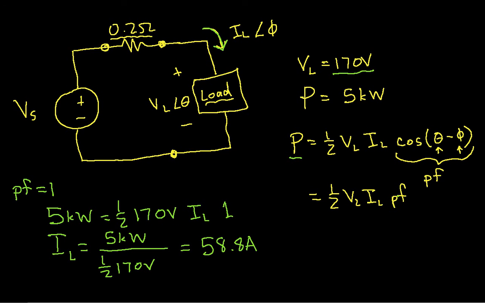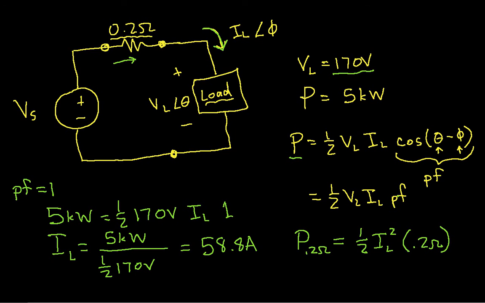Okay, if I have 58.8 amps, again as a peak value, flowing through my 0.2 ohm resistor, then the power in the 0.2 ohm resistor, this is the power that's dissipated by the line that the power company uses to get the power to you, would be 1/2 IL squared times 0.2 ohms.